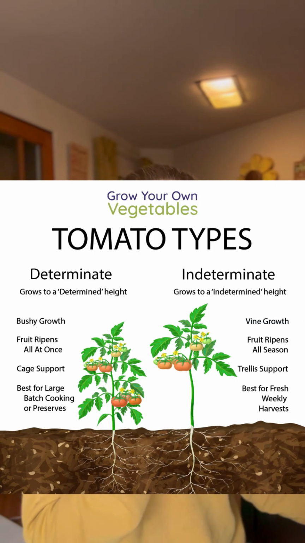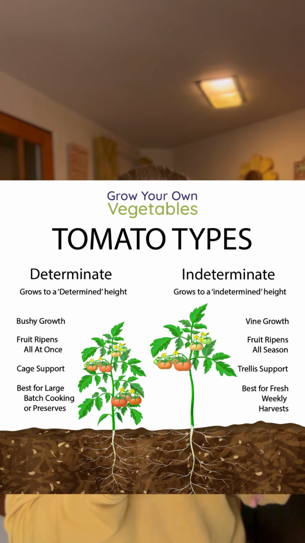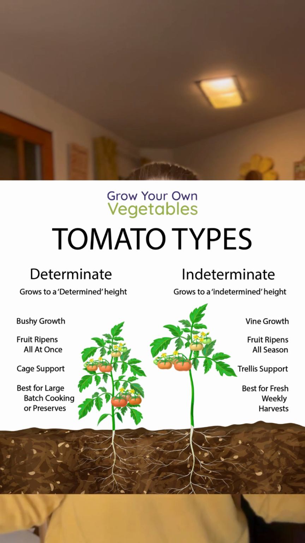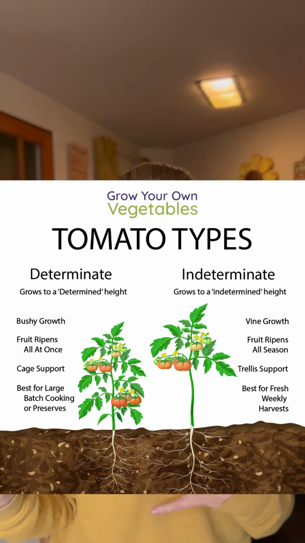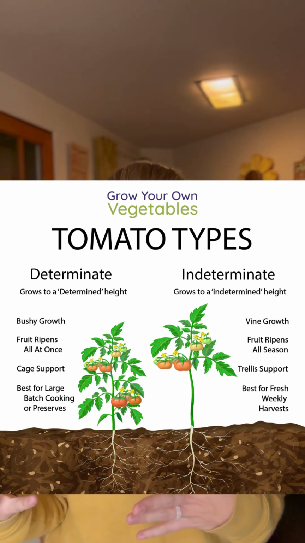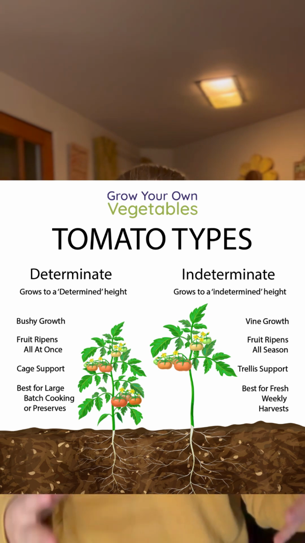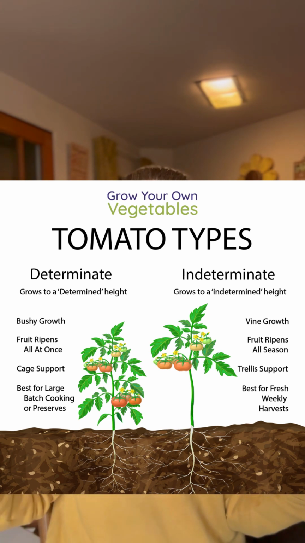If you're wanting to go out and pick stuff daily, you're going to want an indeterminate variety, because it will produce throughout the season. It will have a steady production throughout the whole season. If you are wanting to can and preserve, look for a determinate variety, because then it will give you one big massive crop at one time, and then production will die off after that.